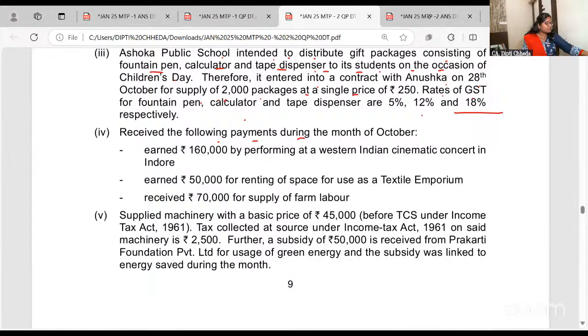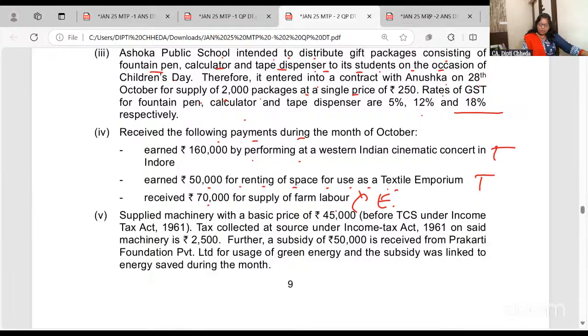Earned 160 by Western Dance, ये तो taxable है. 50,000 from renting of space. Charitable trust getting rental income above 10,000 per month, taxable. Supply of labor, exempt.